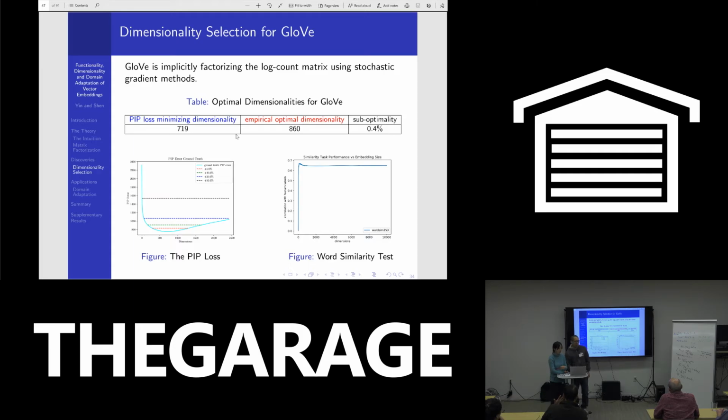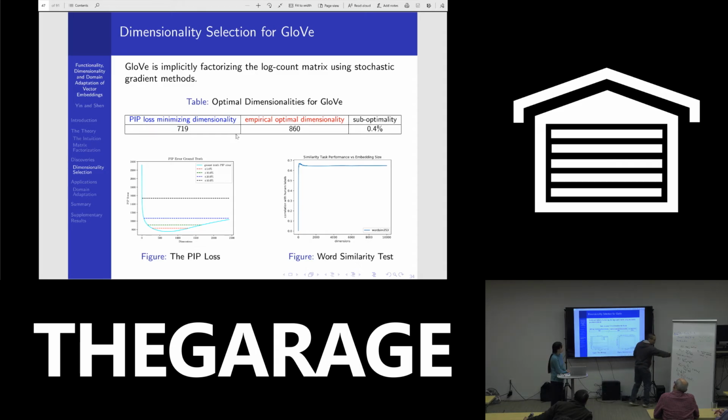Does it mean that actually GloVe word embedding is... So you see two numbers here, like this one and this one. This 800 is the one that achieves the optimum on this curve. And suboptimality means if we take this number and we find where it is, it's like here, and we compare how much worse the performance is when we select this dimensionality.